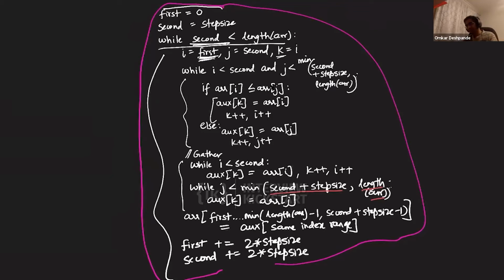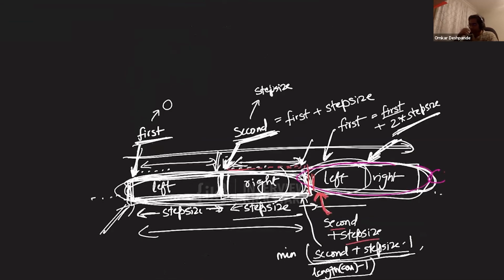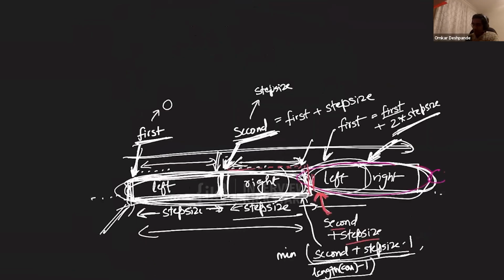Right. And this second plus step size, what about the second pair itself? Is that coming into the picture? Actually, I think the second pair comes into the picture when you do first plus equal to 2 into step size, second plus that, in the last two lines of the solution. Then you are now handling the next pair.